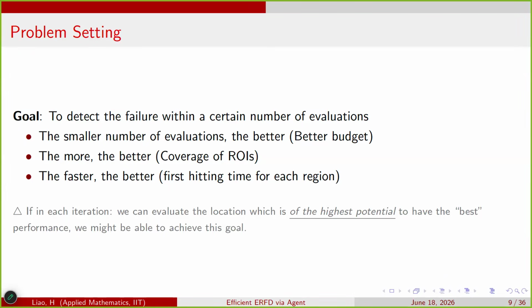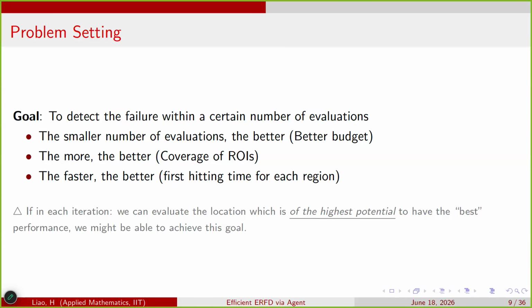If I can find the first region in the first step, the second region in the second step, and the third region in the third step, that's perfect. So I don't waste any resource running around the space to figure out where the regions are. I can get it done within the number of regions, right?